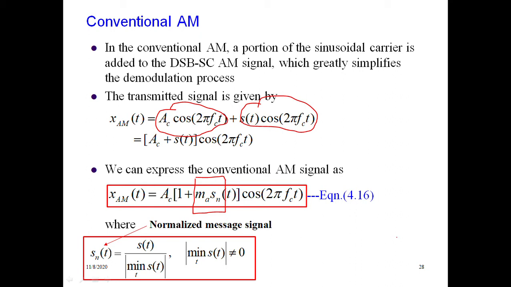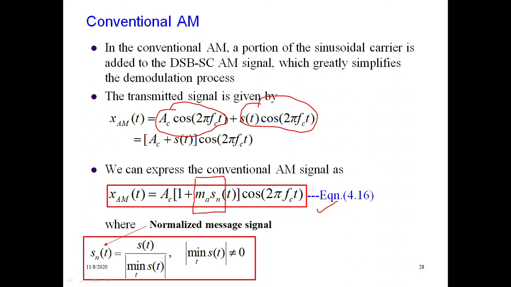So after some research and improvement, they modified the conventional AM as AC multiplied by 1 plus ma multiplied by sn(t), which is the normalized message signal, and cos 2 pi fc t. We shall remember this equation for the conventional AM.